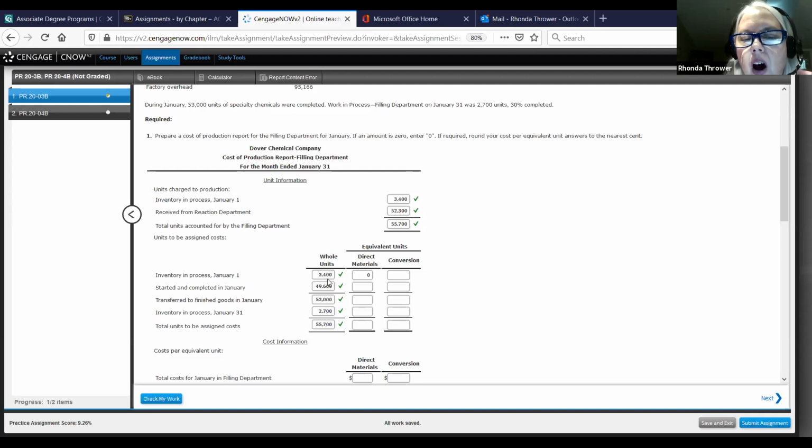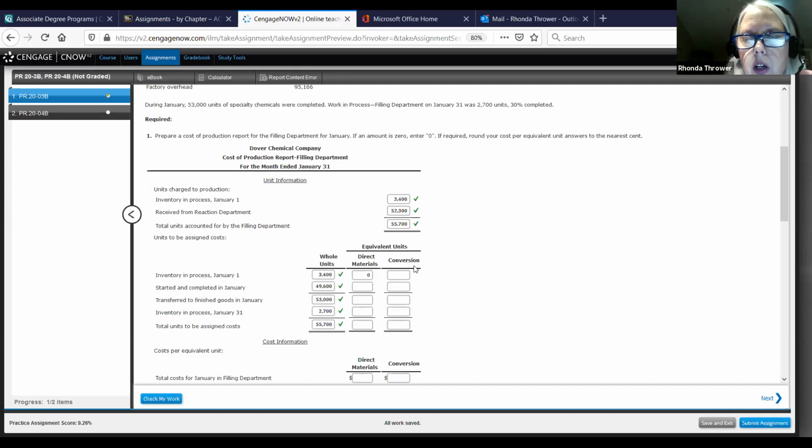So they have all the direct materials in the last period. We don't need to add any more this period. So there's 0 materials that are going to be added to our beginning inventory units because all of the materials had been added during the last period of time.